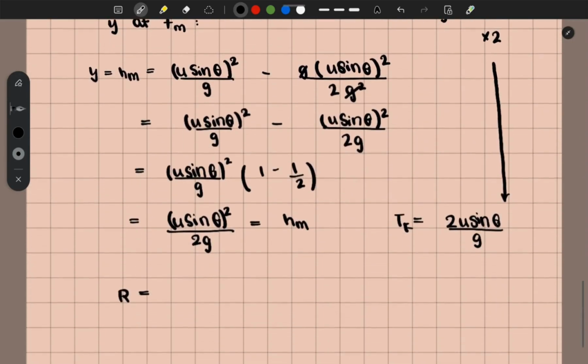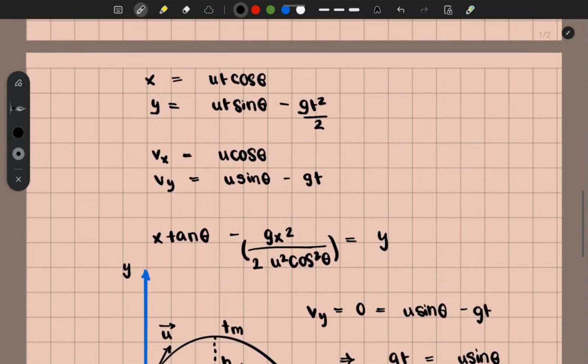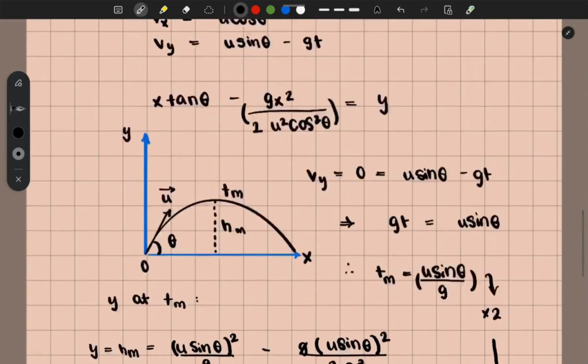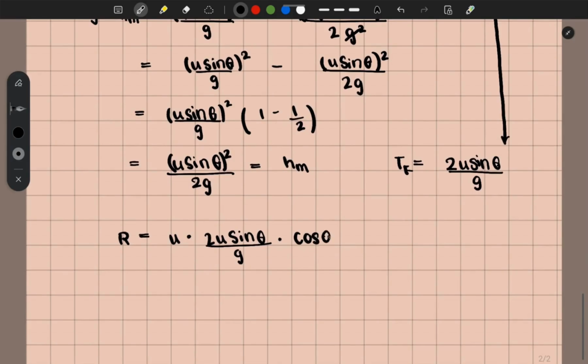So we just plug in tf in the formula for x, and you get u into tf, which is 2u sine theta divided by g, into cosine theta. So this is nothing but u square into 2 sine theta cosine theta divided by g.